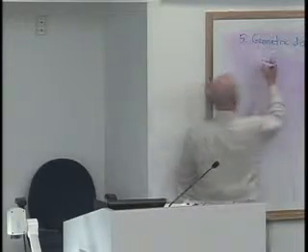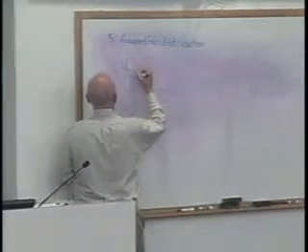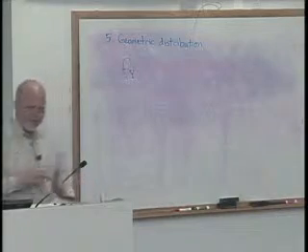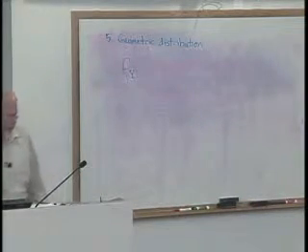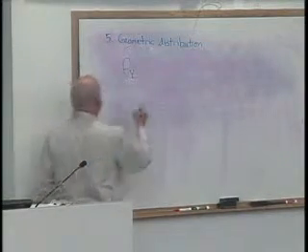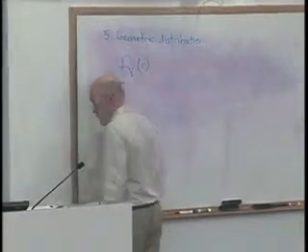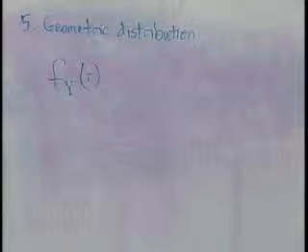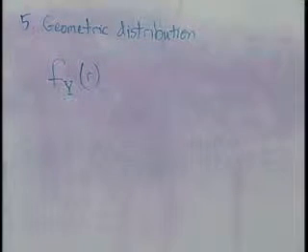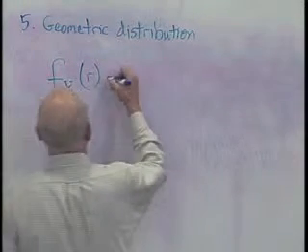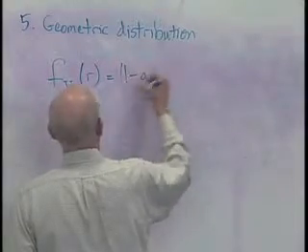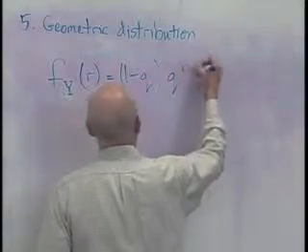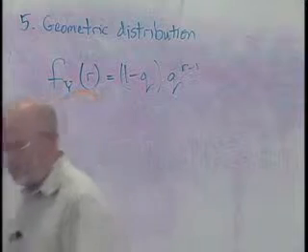Here's the mass function I'm going to write down. The random variable with a geometric distribution is called capital Y. And the probability that this random variable has the value r is 1 minus q times q to the r minus 1.